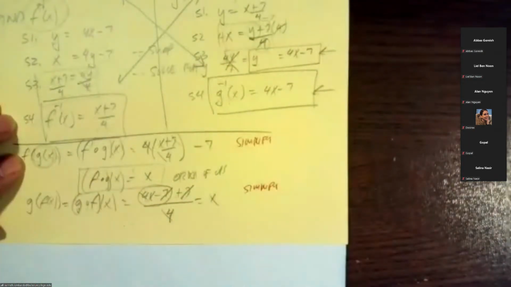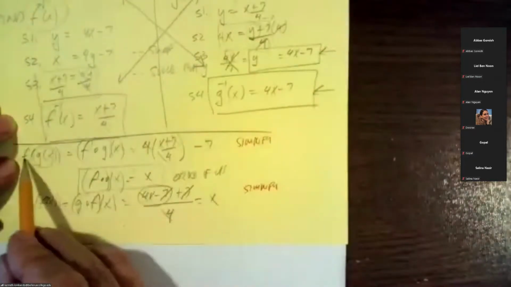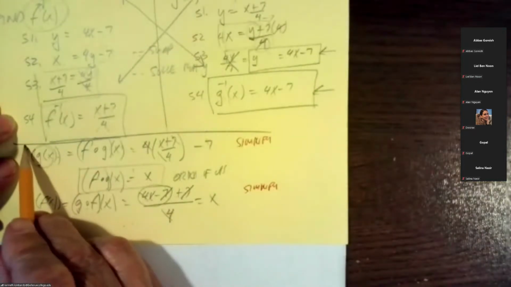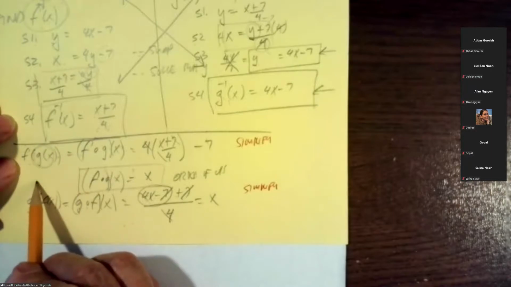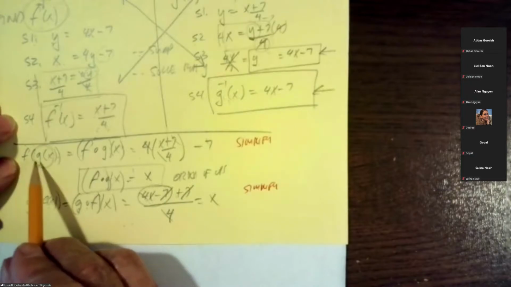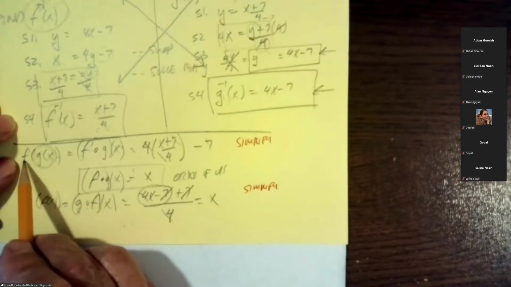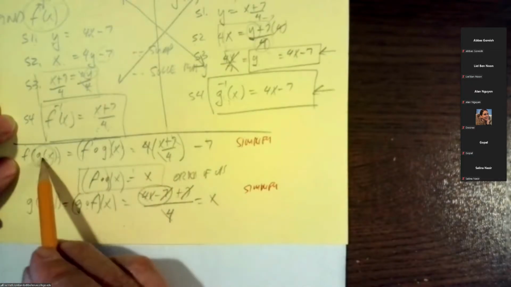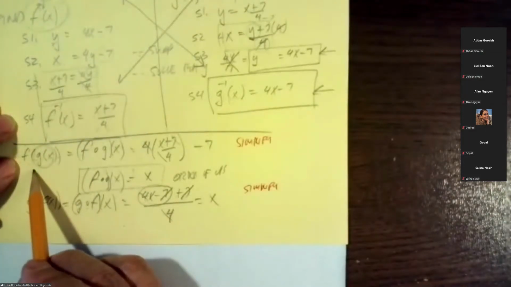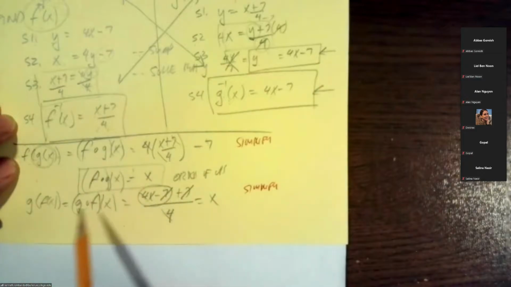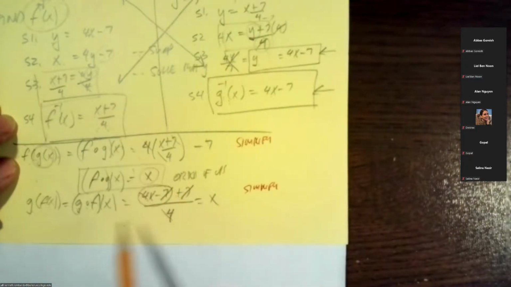Correct. If the functions are inverses of each other and we take f of g of x or h of i of x, or any two functions that are in fact inverses of each other, then g of f of x or f of g of x, and you can call these functions anything you want. It doesn't have to be f and g. It's just the examples I'm using here. But if they're inverses, then we're always going to get x. That's correct.